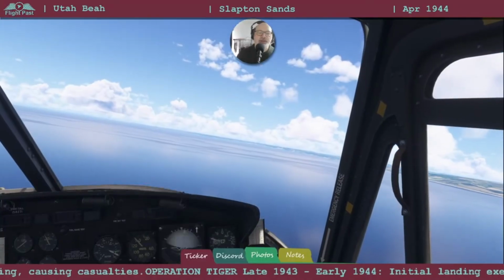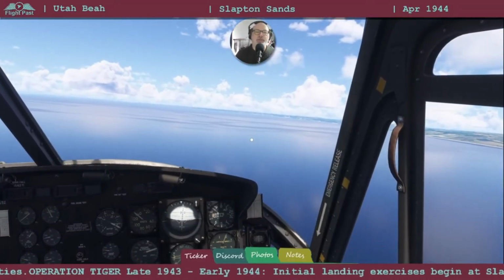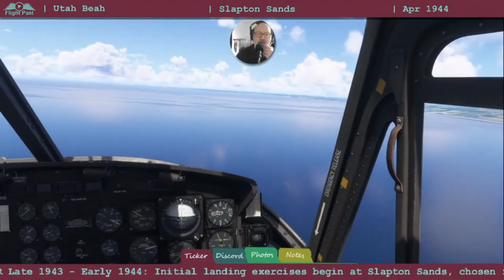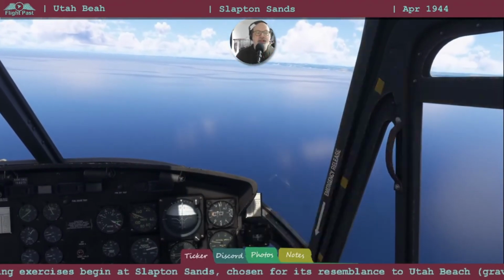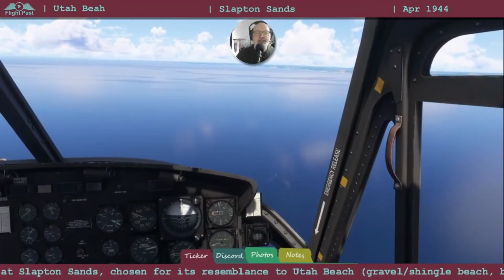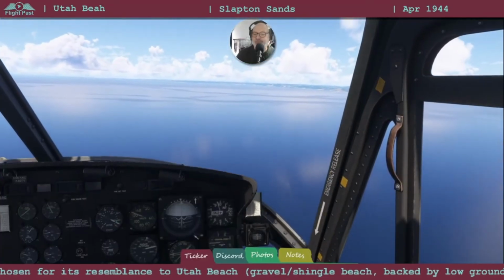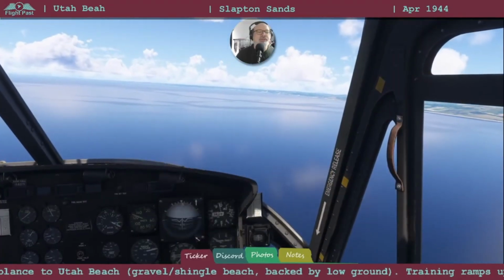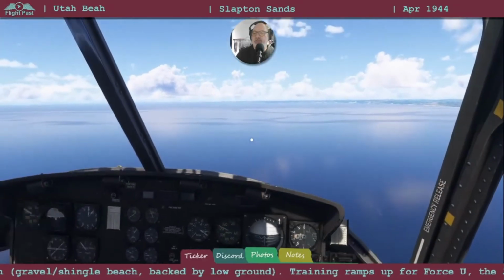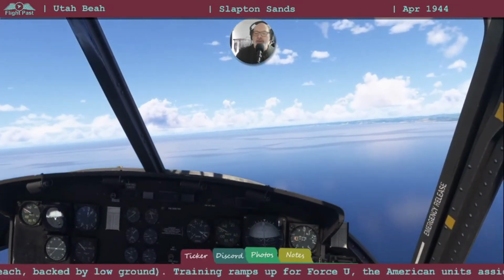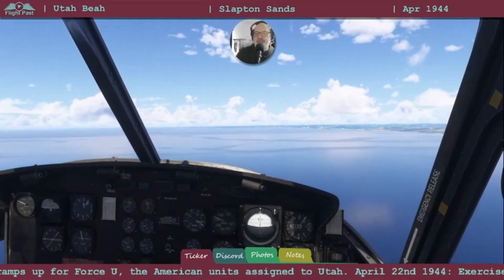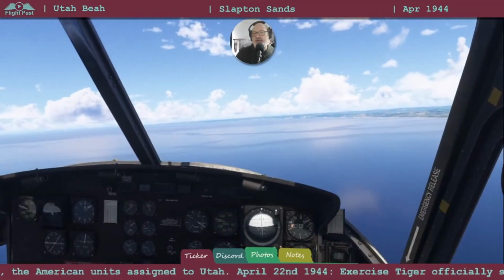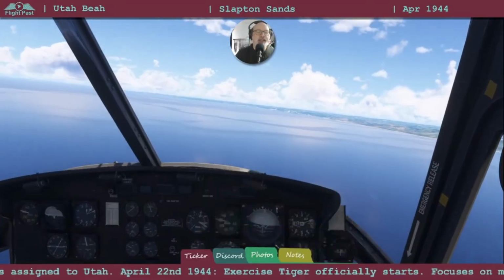So the area of Slapton Sands was taken over in 1943, and it was designated a training ground. And they had to evacuate a bunch of villages there.